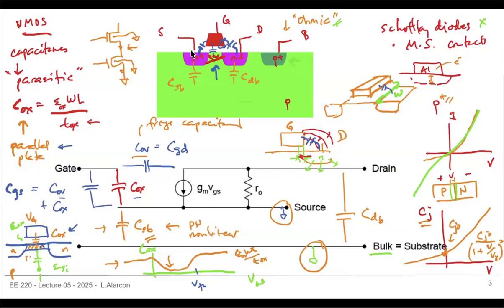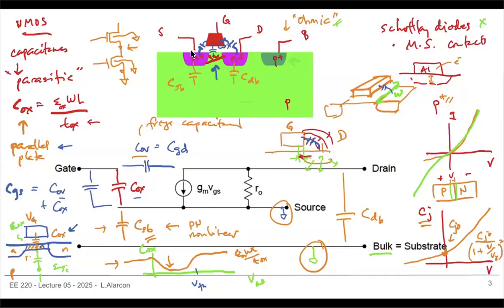And then you do have the PN junction capacitance. Basically, anything with a PN junction will have a capacitor. Now it's going to be dependent on the depletion region of the PN junction, and it's going to be voltage dependent.